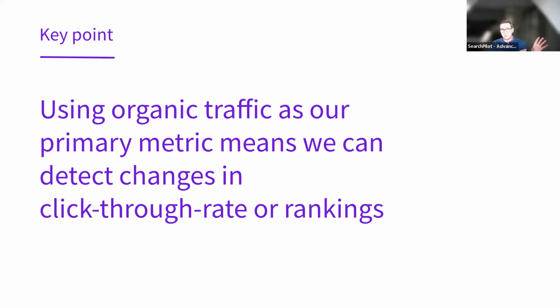And irrespective of whether one or both of those things change, it will show up in your organic traffic. And we can measure to a much higher sensitivity any changes in that organic traffic. So that's why our North Star, if you like, is organic traffic. That doesn't mean you can't go look at other tools for things like rank tracking data or Search Console data for your click-through rates, but it's not the primary metric you're looking at for SEO testing.